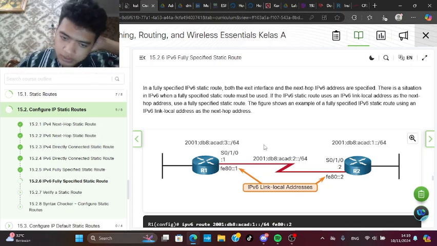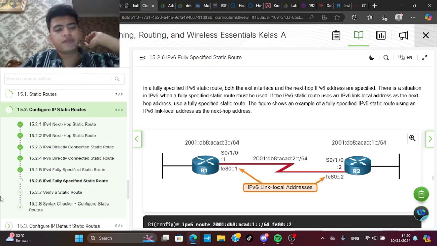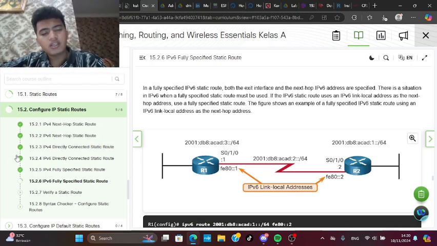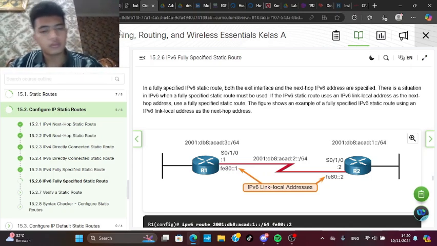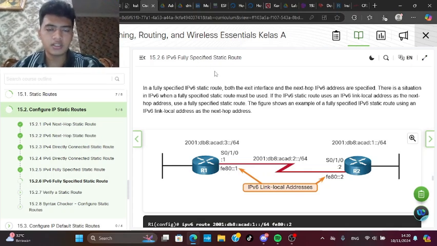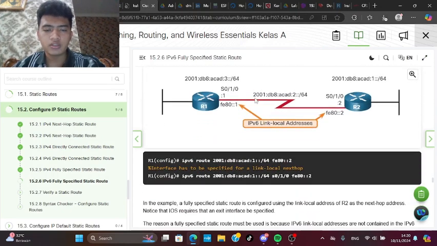For IPv6, they use the IPv6 link-local addresses, and on IPv4, we use the address of router 2. I guess it's slightly different from IPv4. So here we can see that the link-local addresses of IPv6 are a bit different.